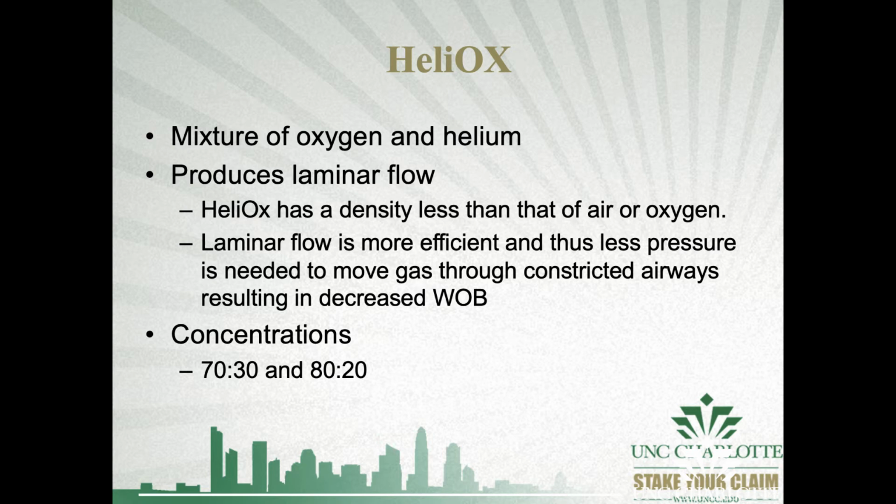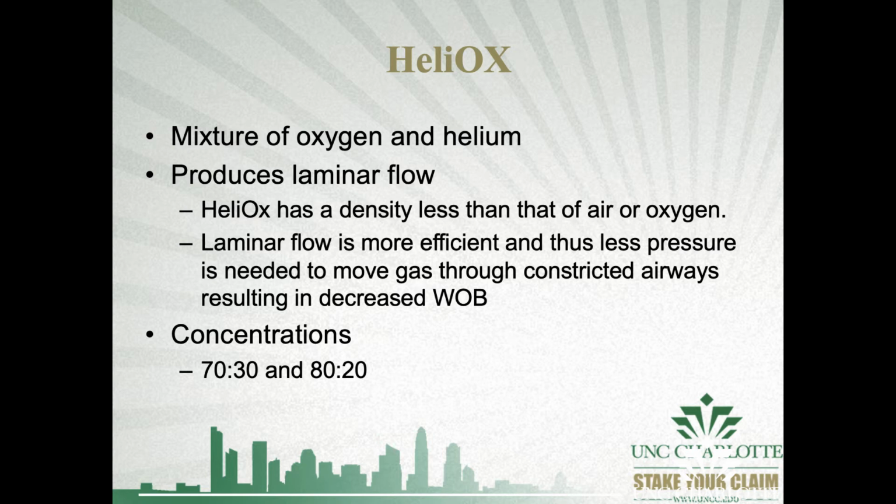Now, the thing about Heliox use is that if you have someone in status asthmaticus on a ventilator and you're administering Heliox, and they're on 100% oxygen, that is not doing anything for them.